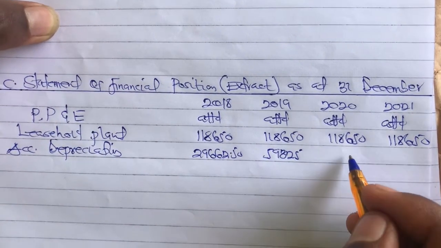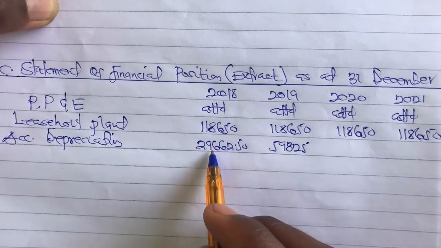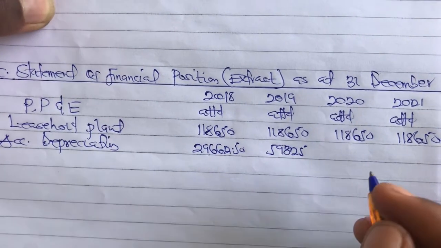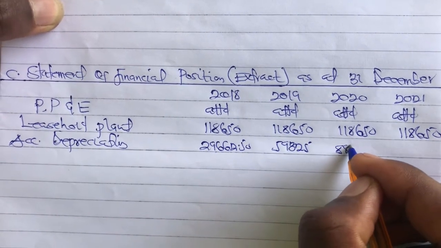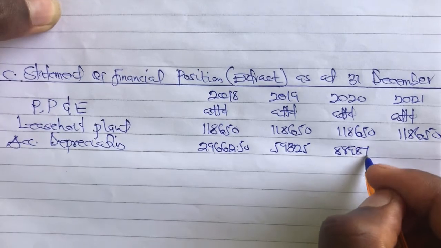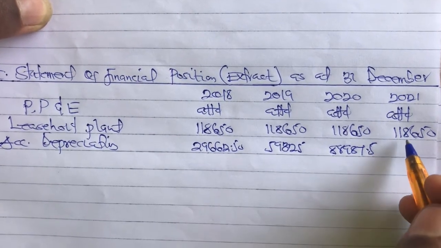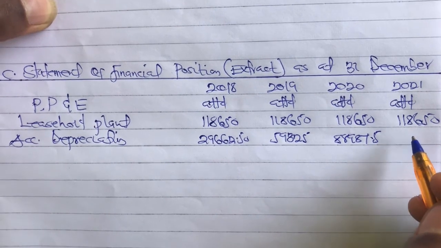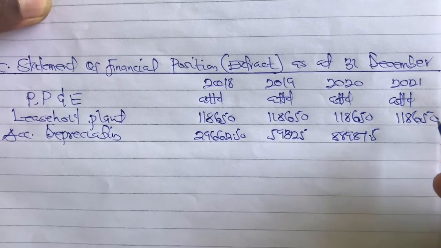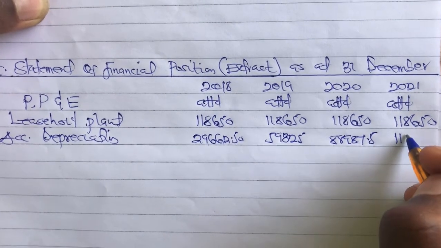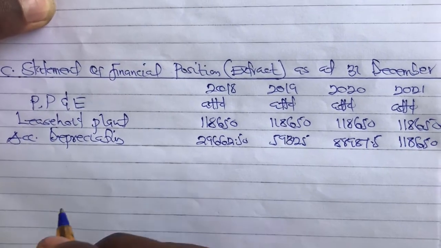For 2020, the annual depreciation is the same, so we add it to this, and that gives us 88,987.5. The annual depreciation for 2021 is also 29,662.5, so we add it to this, and that gives us 118,650 as the accumulated depreciation.